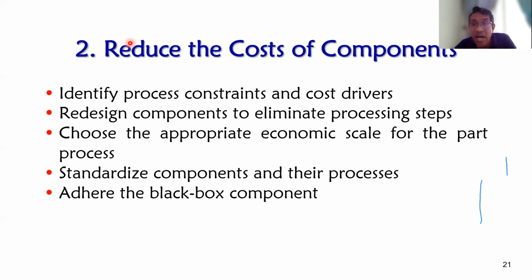They need to think how to produce it. To do this, the design engineer needs to know what type of operations they have. Like I said just now, concurrent engineering. They need to work together with the production floor to know the capabilities and get input from production. So that is how we can reduce the cost of the component, by identifying the process constraint drivers.